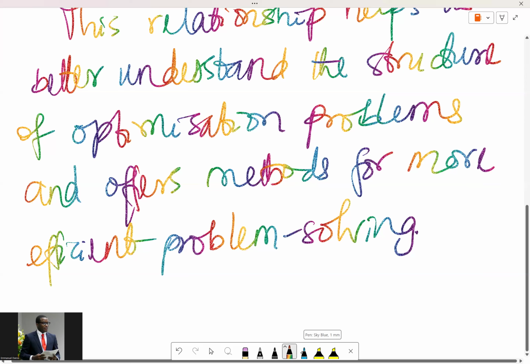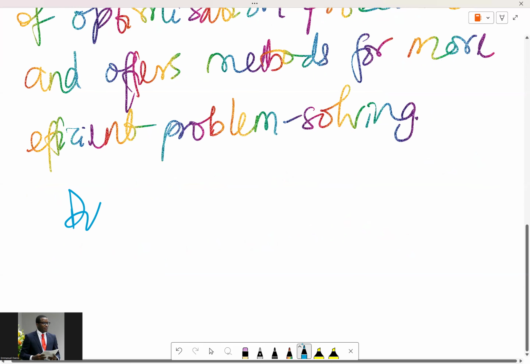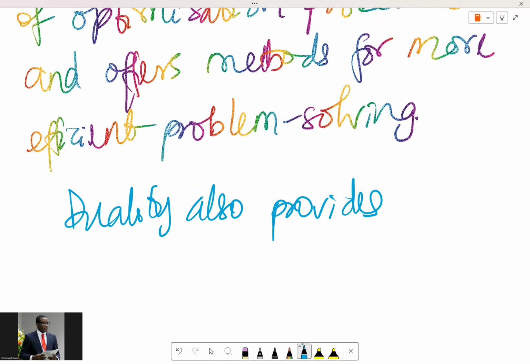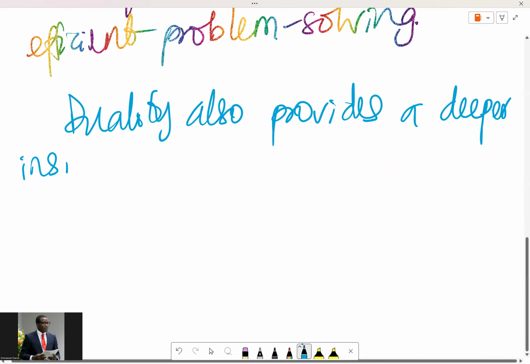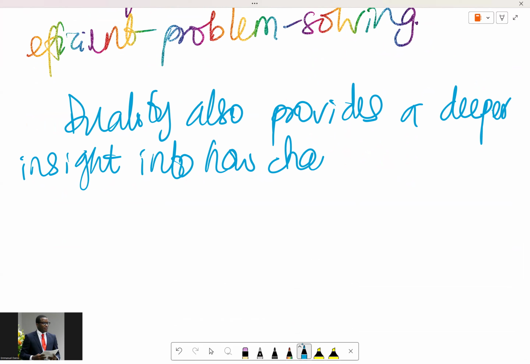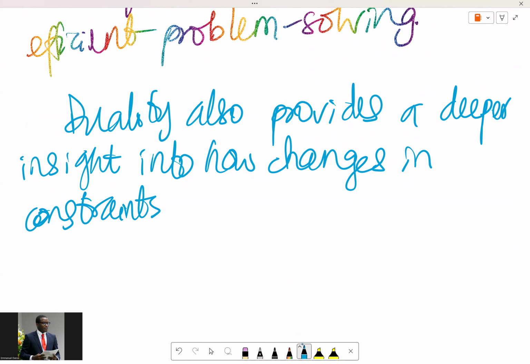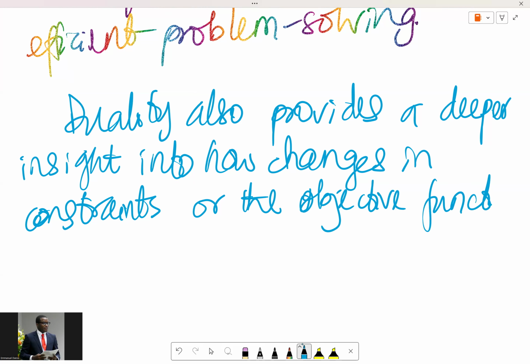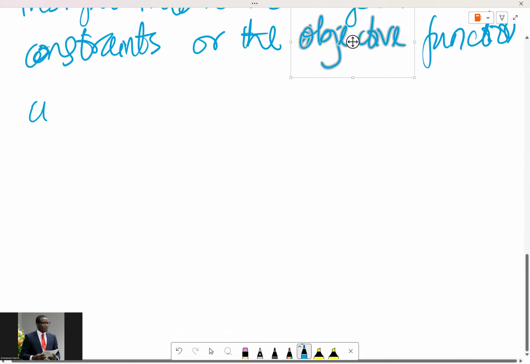Now, duality also provides a deeper insight into how changes in constraints or the objective function affect the optimal solution.